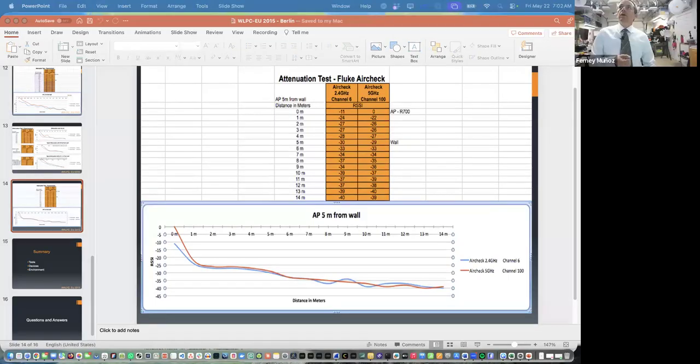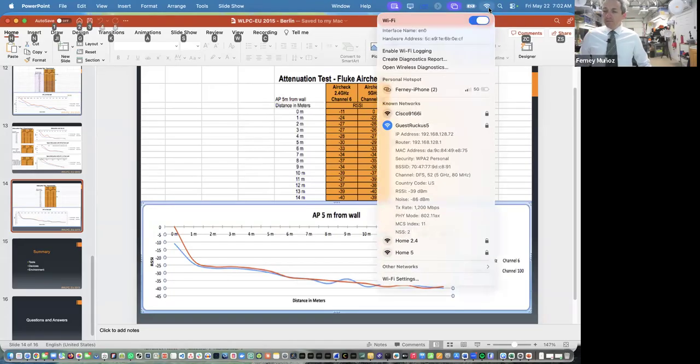Really helpful. Yeah. And if you don't have a Cetus, then use a phone or use your computer, because I can measure the signals that I'm getting. If I come over here and click on my Wi-Fi sign, the signal I'm getting now is neg 43.